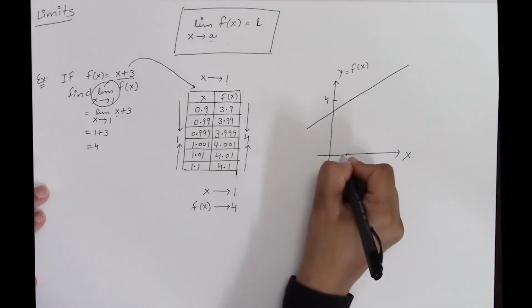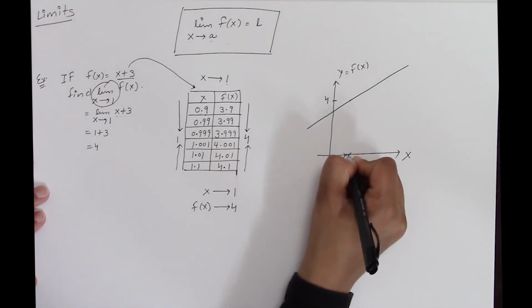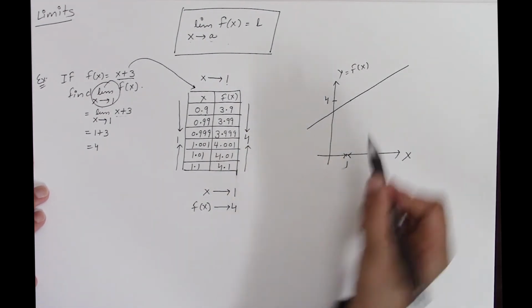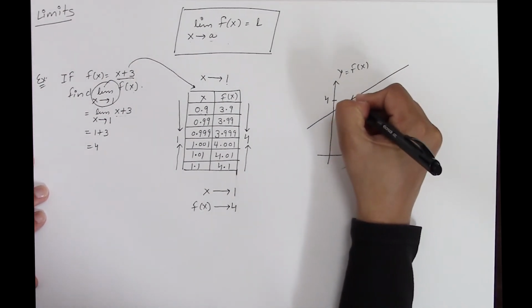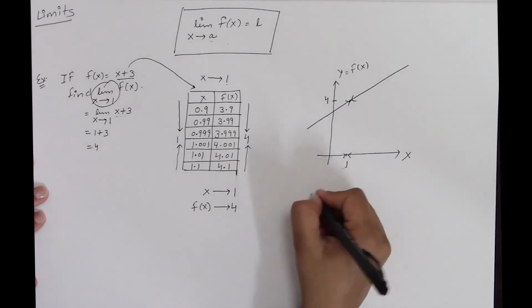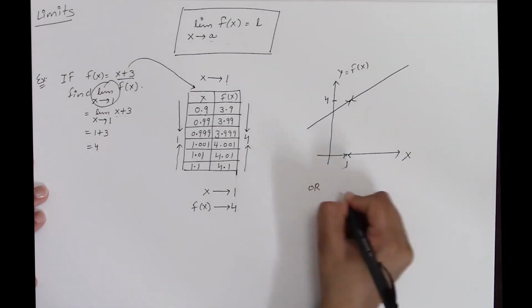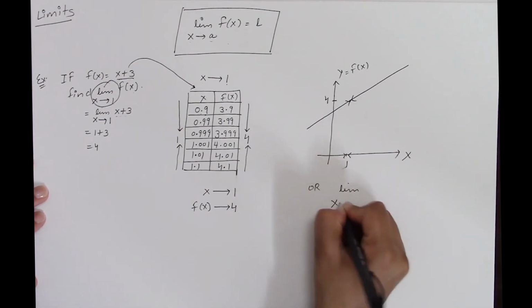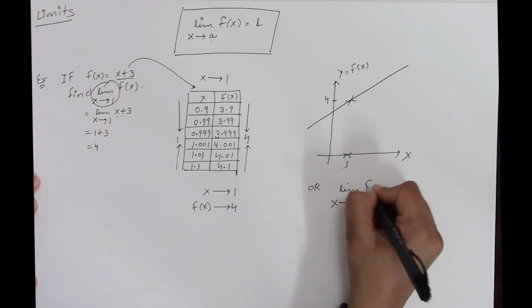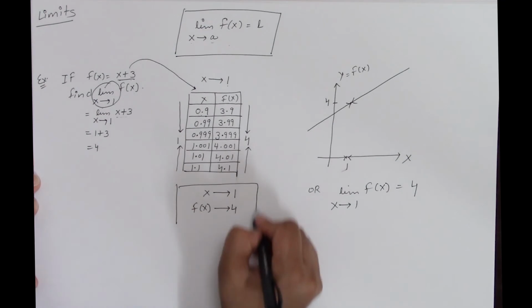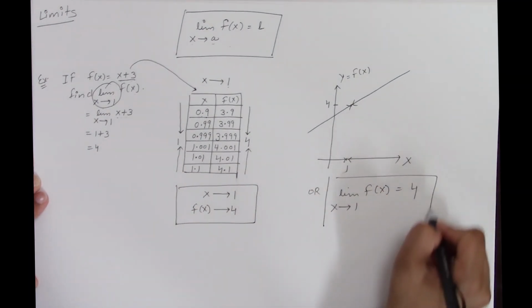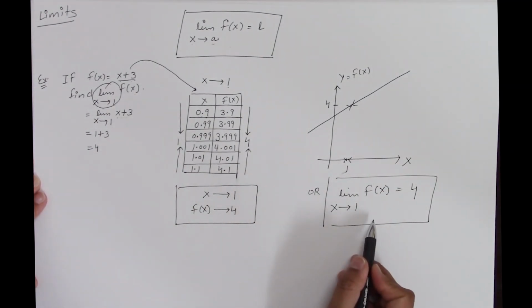Now here we see when the values of x are going closer to 1 from both sides, the values of f of x are going closer to 4 from both sides. Or we can write it as limit x approaches to 1, f of x is equal to 4. We can use either of these notations.